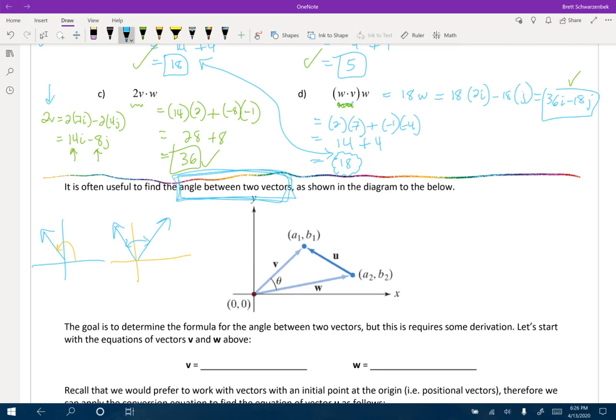So if you look at this picture right here, you'll see that we have two vectors, v here and w here, right? And we're looking for the angle between them.